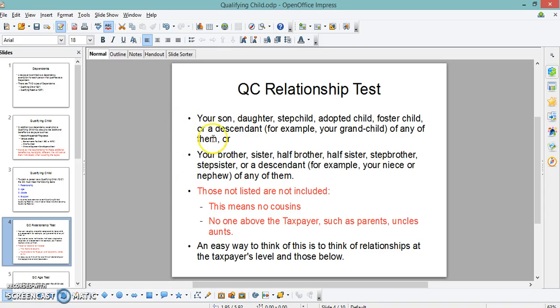It's pretty much only the individuals listed here, and anyone that you can deduce the relationship through the descendant relationship. An easy way to think of this is to think of the relationship at the taxpayer's level and those below, but immediate relationship. So at the taxpayer's level, you have brother, sister, stepbrother, stepsister, and below. So it would be their sons and daughters, and then the taxpayer's sons and daughters, and their children and their grandchildren.